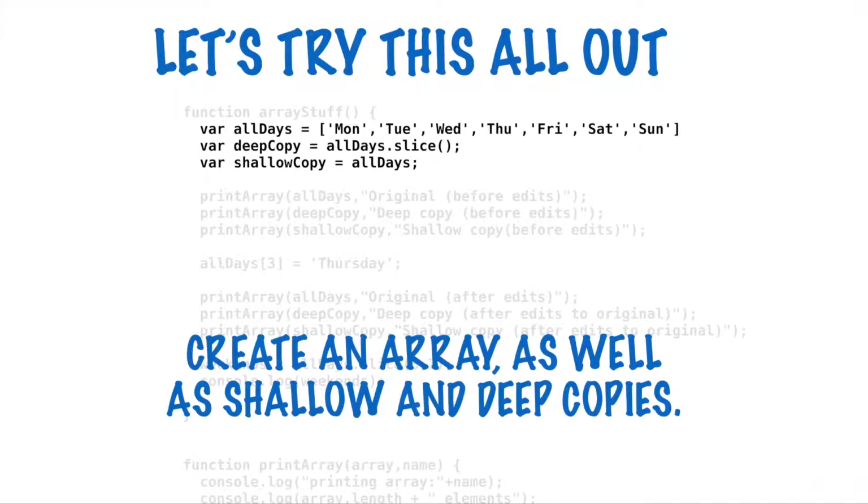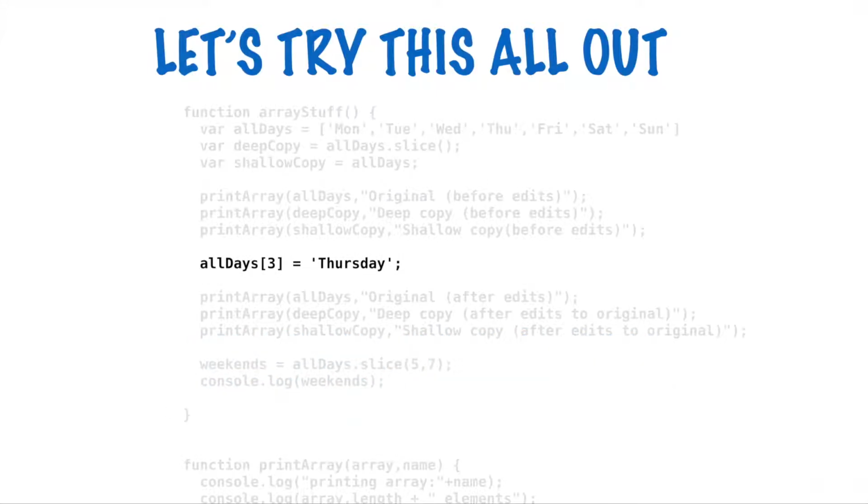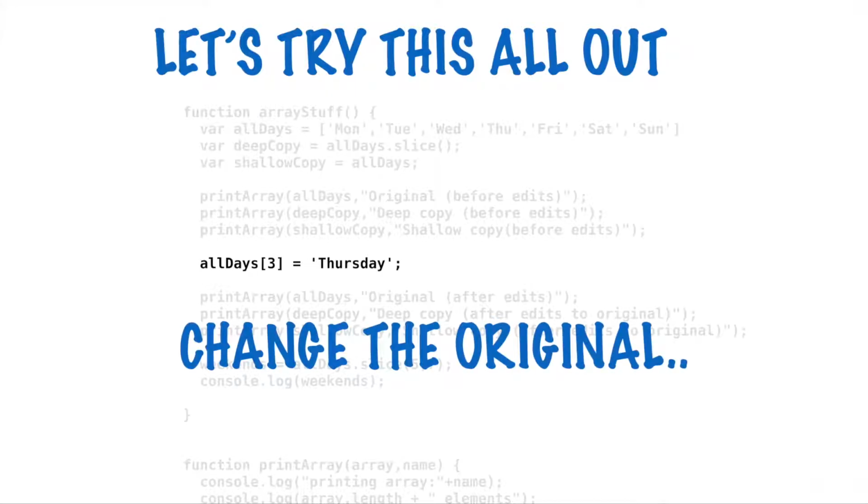We've created a deep copy by calling allDays.slice, and we've created a shallow copy by assigning the allDays variable to the shallow copy variable. So deep as well as shallow copies. And then we go ahead and modify the original array. allDays[3] = 'Thursday' changes the original array. And once we've done this, we want to see what the effect is on the deep and the shallow copies.